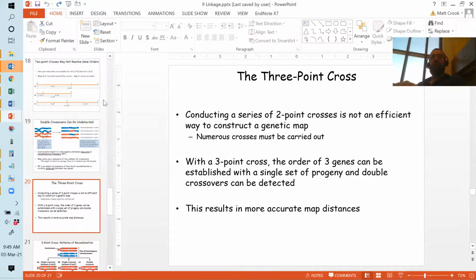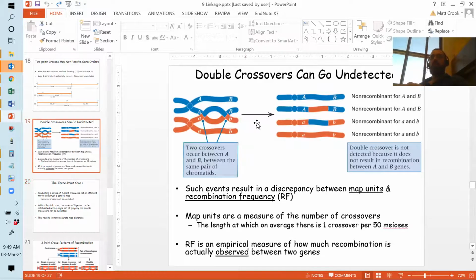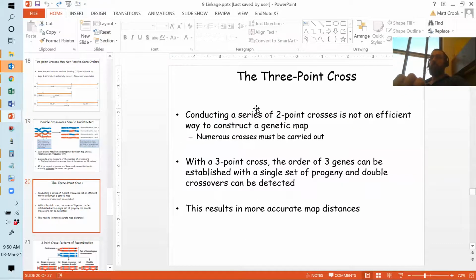The plus side to that is, A, it takes a lot less time, and also you don't miss double crossovers. You can potentially get 2 crossovers between your A and your B, and if that happens, you miss those with just a 2-point cross. So 3-point crosses resolve gene order, they're more efficient, and they're more accurate.